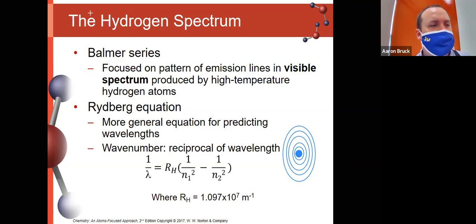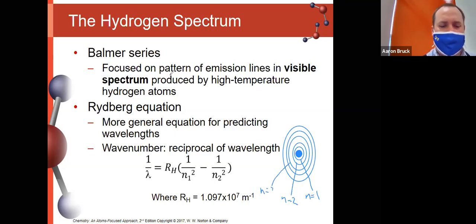If we look at it from this perspective and label these, starting at the bottom we have the first energy level, n equals 1. Here we have the second energy level, n equals 2. Third energy level, n equals 3. The fourth energy level, n equals 4. And the fifth energy level here, n equals 5.